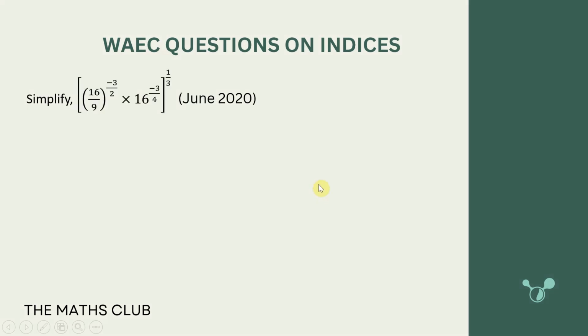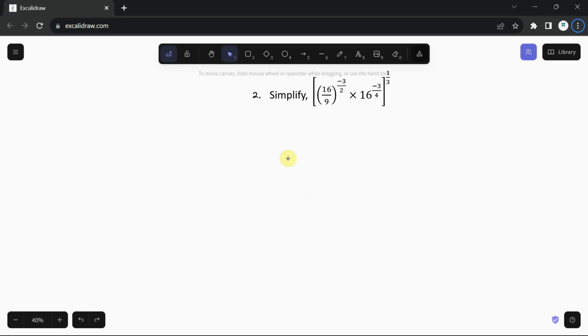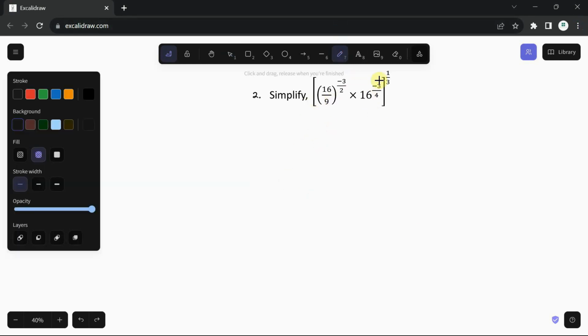Great. So this question says simplify 16 divided by 9 raised to the power of minus 3 over 2 times 16 raised to the power of minus 3 over 4, all raised to the power of 1 over 3. To solve this question, I'm going to break it into its component parts. We'll solve this part first, this part, then we'll take the cube root of all of them, right? If I want to break this part, because there's a minus here, I can take the inverse of whatever is inside.